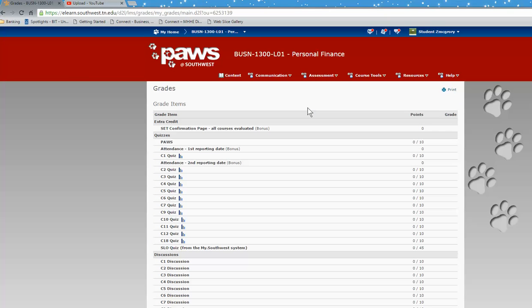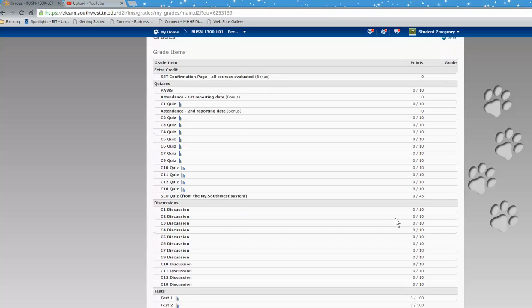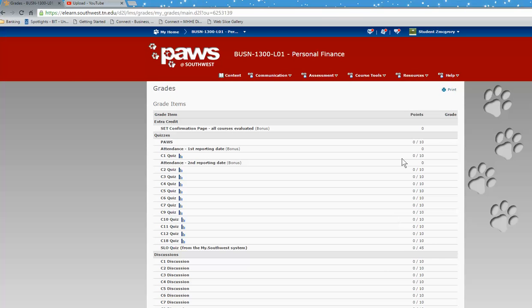Out of 10 possible points I get a 0. Out of 10 possible points I get a 0. That's no good, right? As I post, when you come in here and you look at this, especially with the discussions, see how the discussions are down here? I tend to post very detailed feedback. In fact, I have a rubric, and a rubric is just like a little chart that says this is where I am giving points, this is where I'm deducting points.